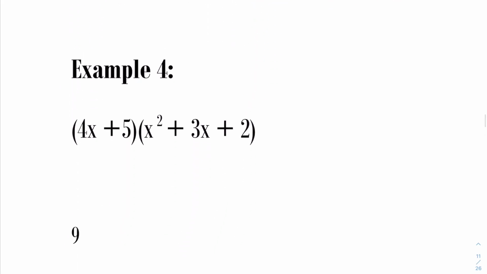One more together. If you want to, pause the video, try it on your own. I'm going to go ahead and do it. Starting with the first number, multiply each thing in the second parentheses. That's all you do. Just make sure everything multiplies everything.